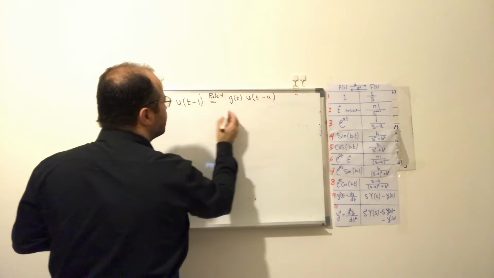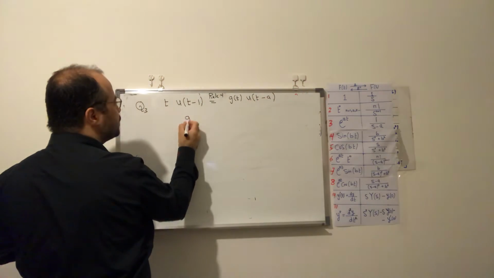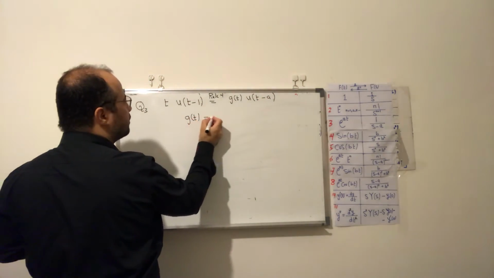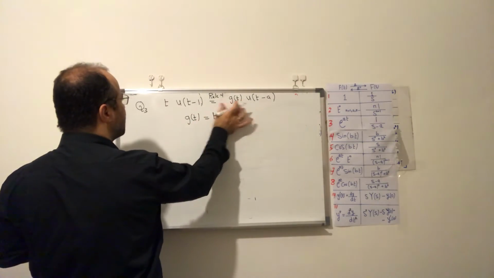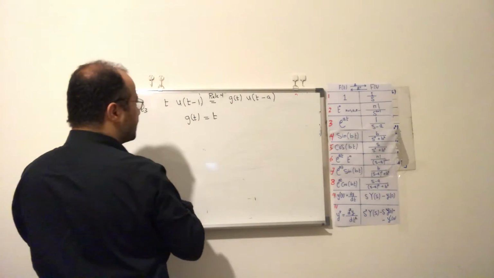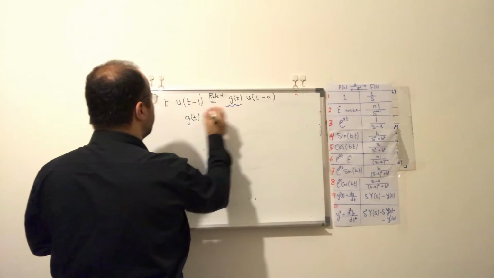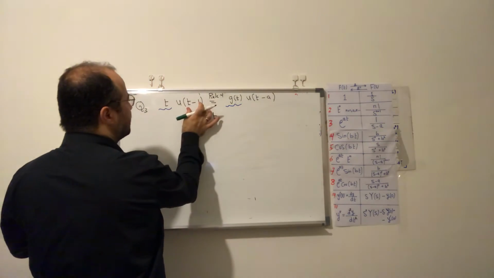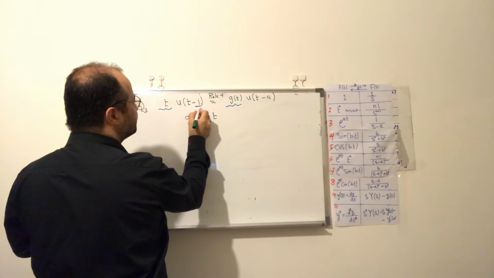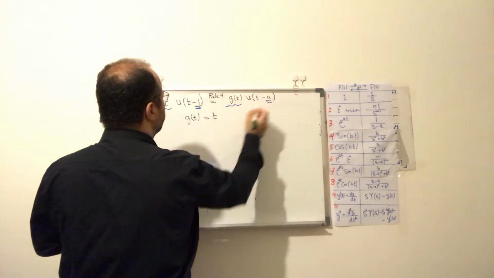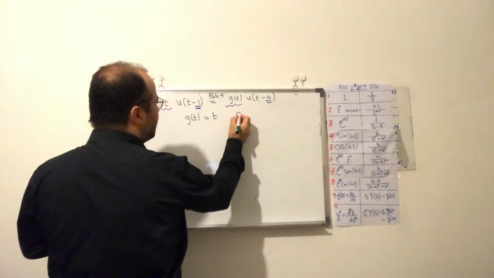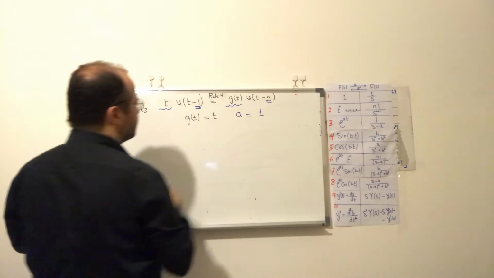You have a function g(t), and g(t) is t. I'm comparing: this guy is that guy, and this guy here is that a, and I have a equal to 1 unit.